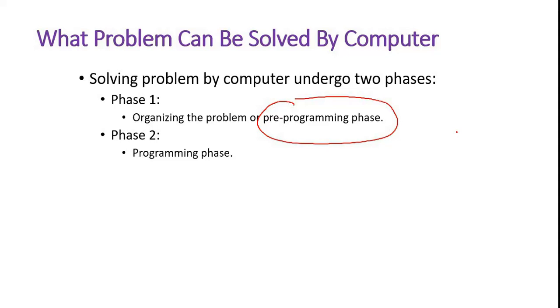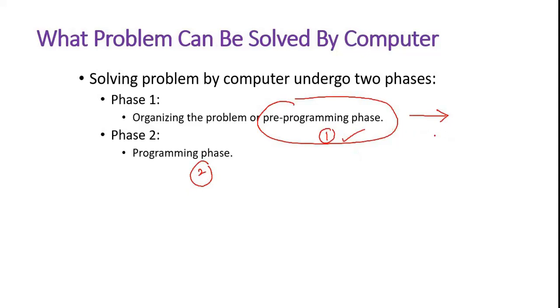They want to maintain some database, so they give that work to a certain software company. Directly, they will not write code. So there are two things: the pre-programming phase, and once this is done, the programming phase. This pre-programming phase is very important.